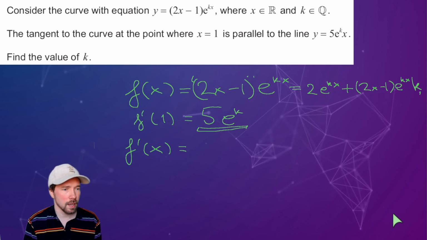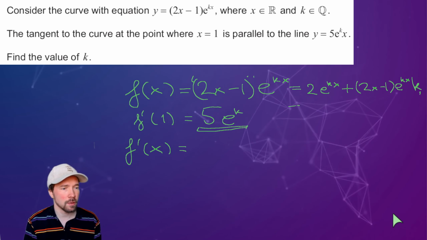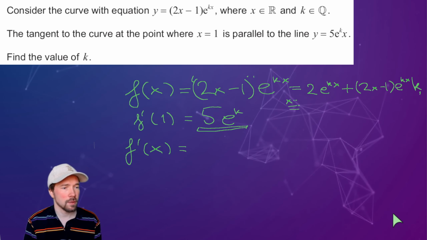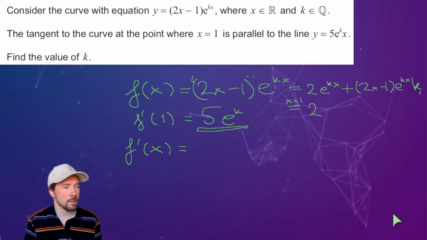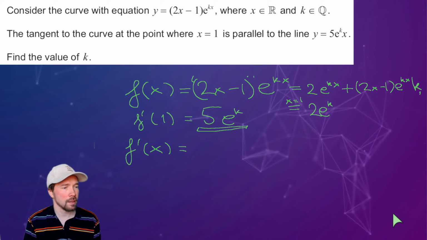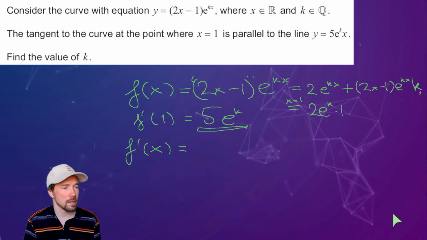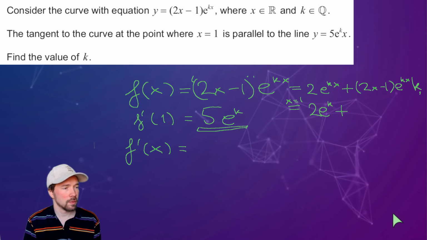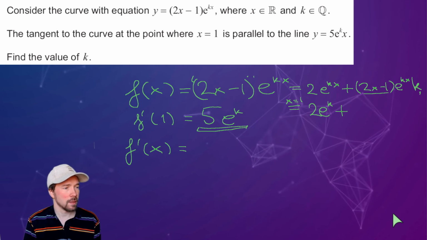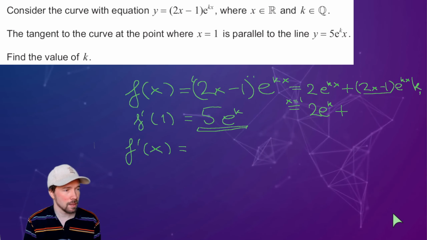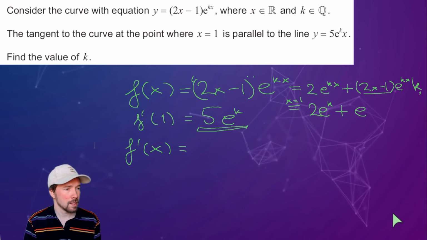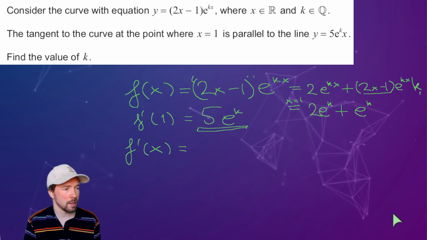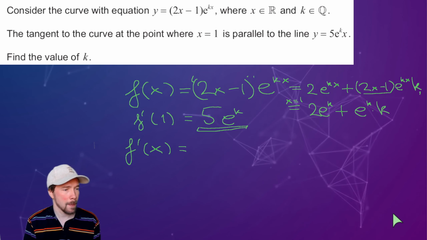If we substitute x equals 1, what do we get? We get 2 times e to power k, plus (2 times 1 minus 1), which is just 1, so we can skip that, times e to power k times k.